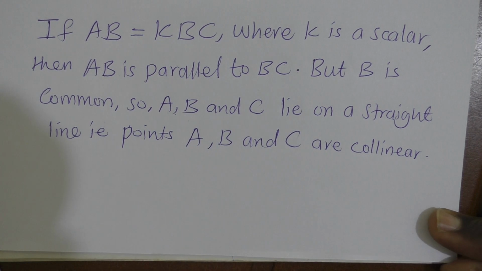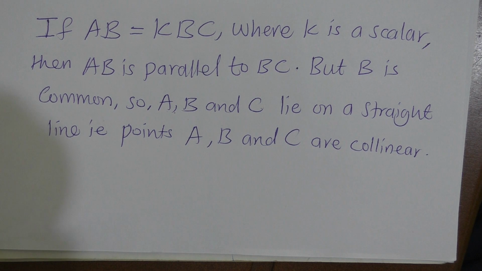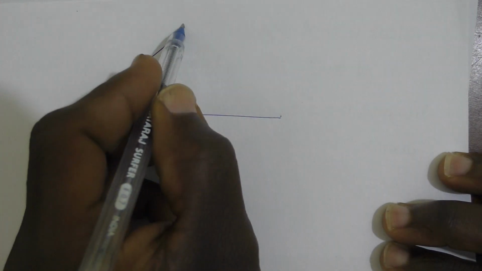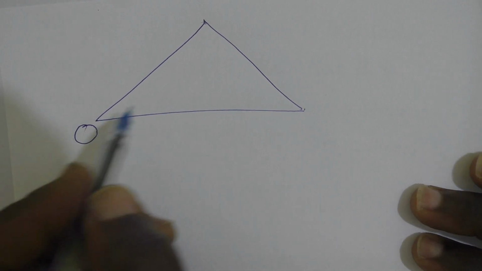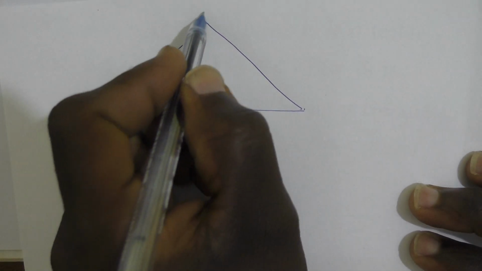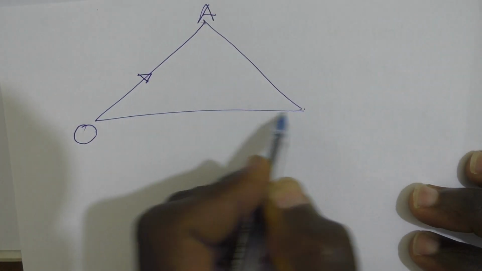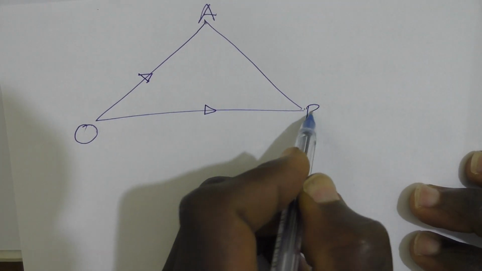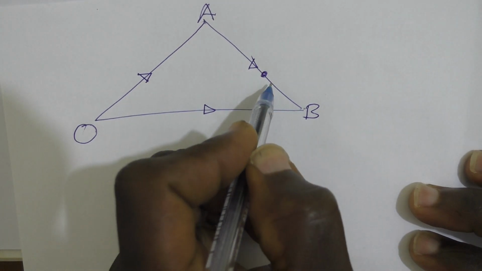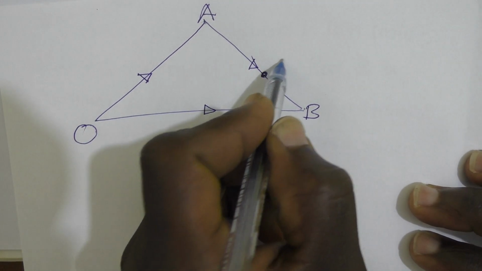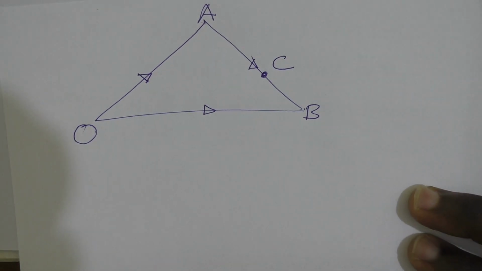For instance, this is what we can do to elaborate that. We may have a triangle, and this is the origin. This is vector A, this is vector B, and maybe we have C in between.